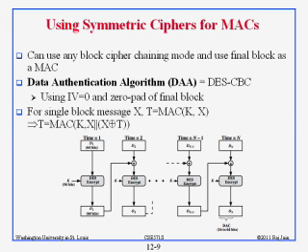So this is called the Data Authentication Algorithm, DAA, and this is basically DES with CBC. Everybody knows what CBC is. Cipher block chaining, CBC, and that is what this means.